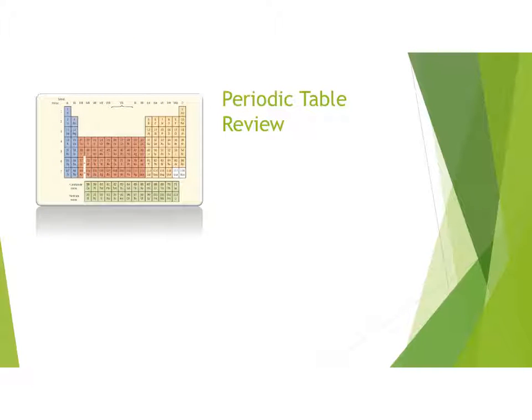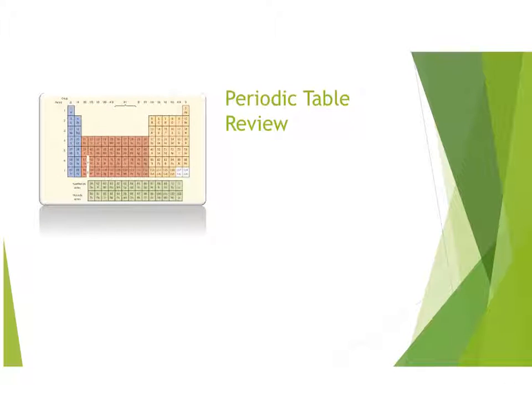Which means that you're going to have to use the periodic table in this unit. So, what is the periodic table? The periodic table is basically a chart of the known elements. And they're arranged systematically.